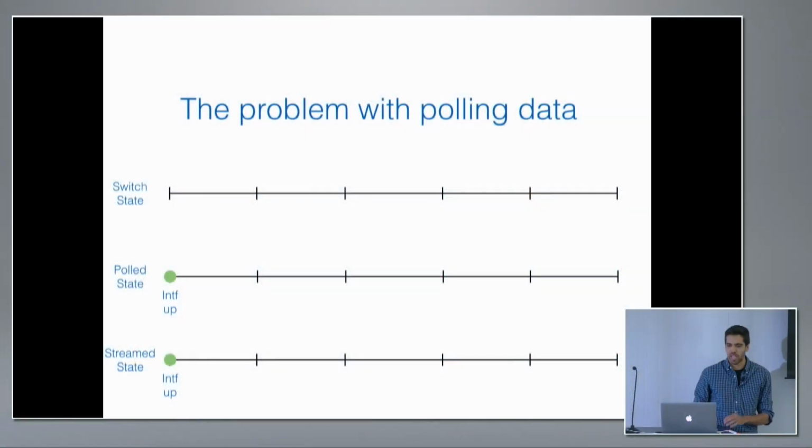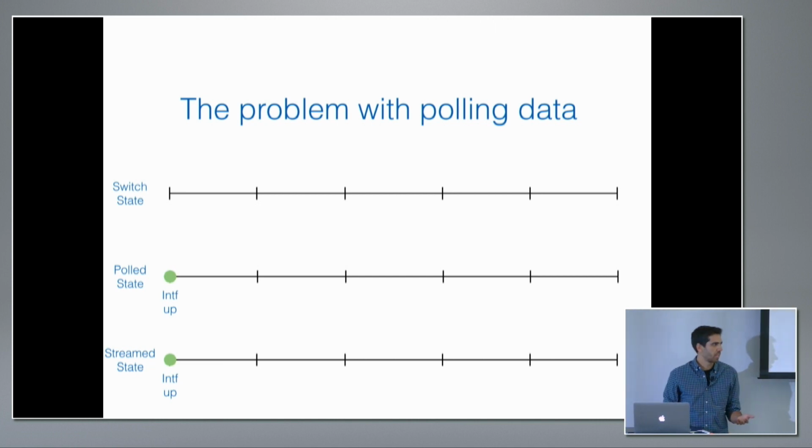Now, the switch state, if you're going to start up two monitoring systems, you're going to have a system which polls your state and a system which streams your state. At the beginning, they both send out the same thing. The interface is operationally up in this case.